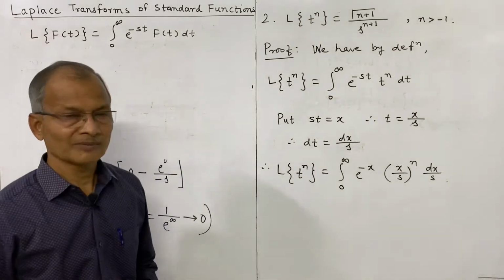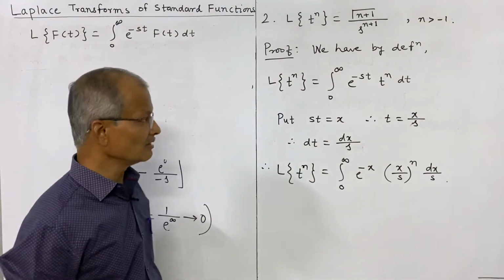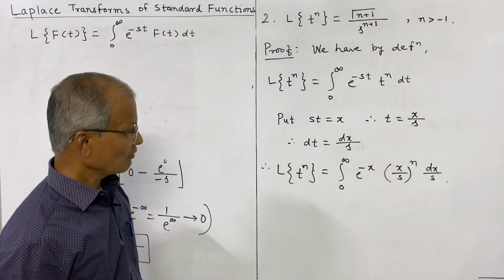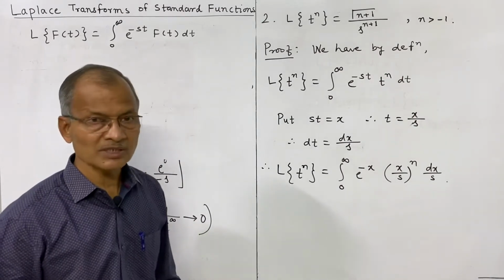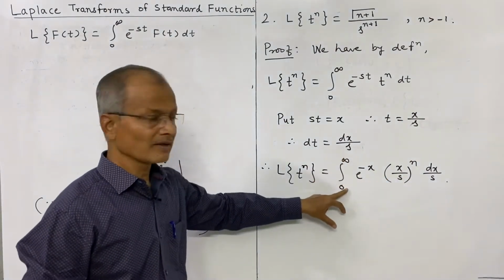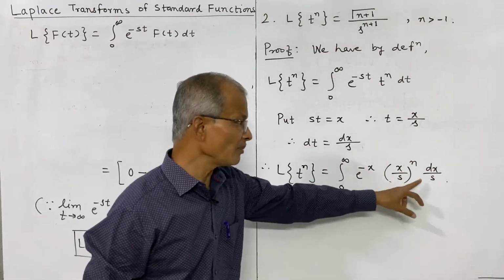So this is the method of substitution we have used for this integral. It is easy. Now the integration is with respect to x, and these are the limits of x, and s is independent of the integral.